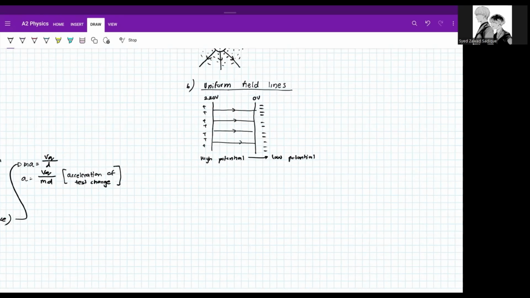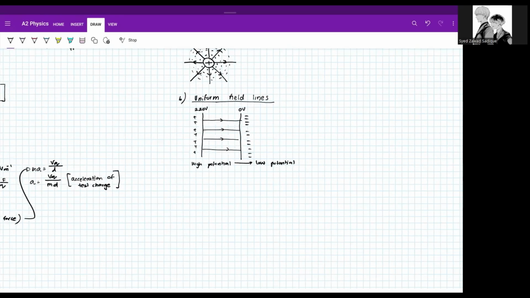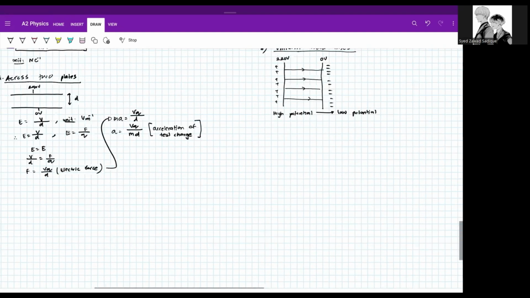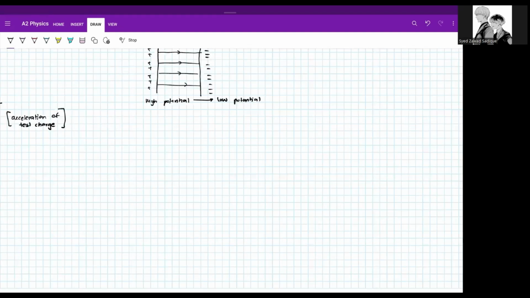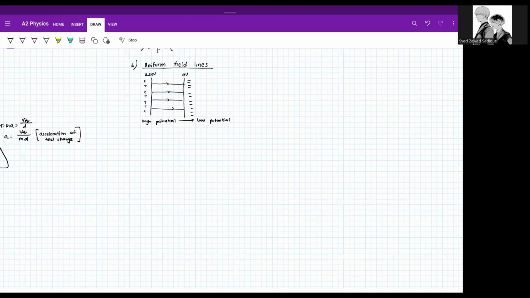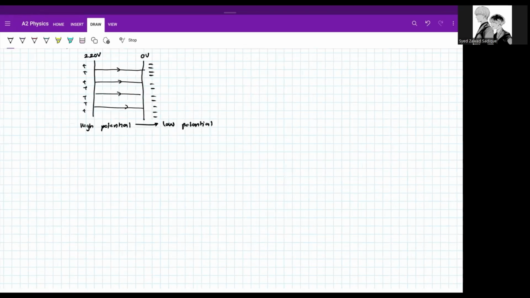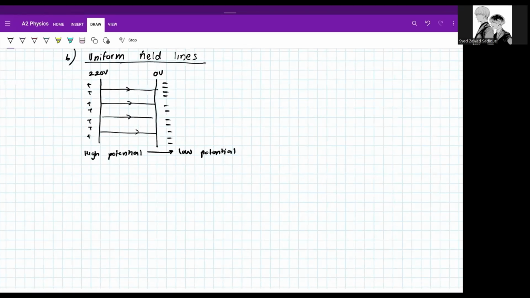So that's that. Now, a few more concepts left. You guys know that if potential is going towards the right, current flow occurs in the opposite direction.